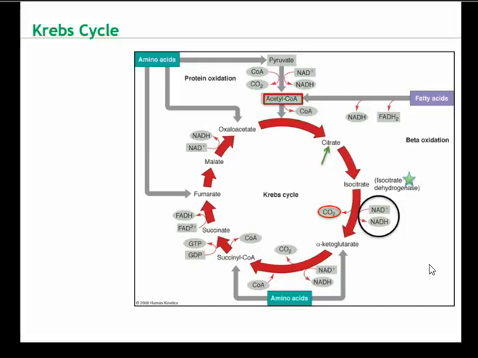So our next step is going to be step 4. Step 4 is alpha ketoglutarate to succinyl-CoA. Alpha ketoglutarate converts to succinyl-CoA, releasing another electron, reducing NAD to NADH, and a loss of a carbon group, forming another CO2.